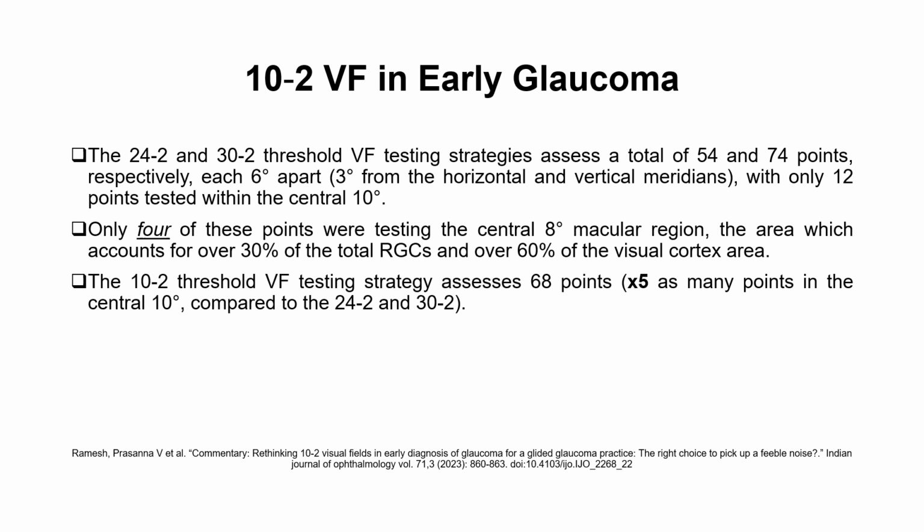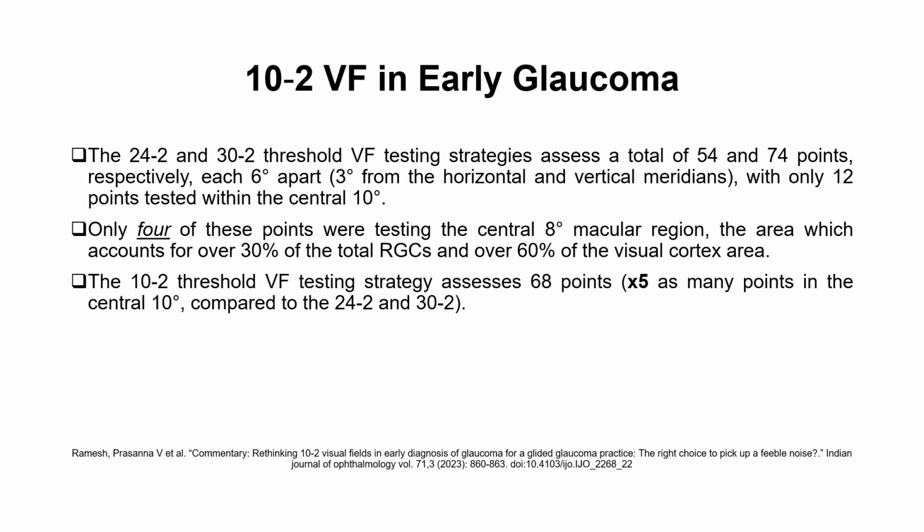Of these points, only 12 points are tested within the central 10 degrees. And out of these 12 points, only 4 points test the central 8-degree macular region. And this 8-degree macular region accounts for over 30% of the total retinal ganglion cells and over 60% of the visual cortex area.